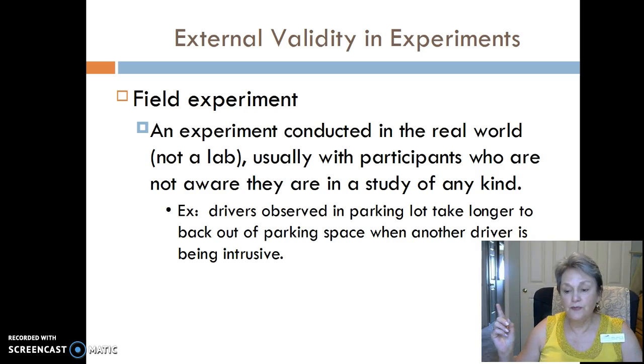The first condition was a control condition where they just observed how long it took people to leave their parking places once they got in their car, with no interference, nobody coming and acting like they wanted the parking place. And then the second condition was they had somebody drive up behind them when they saw the person get in the car and put their signal on and just wait quietly.